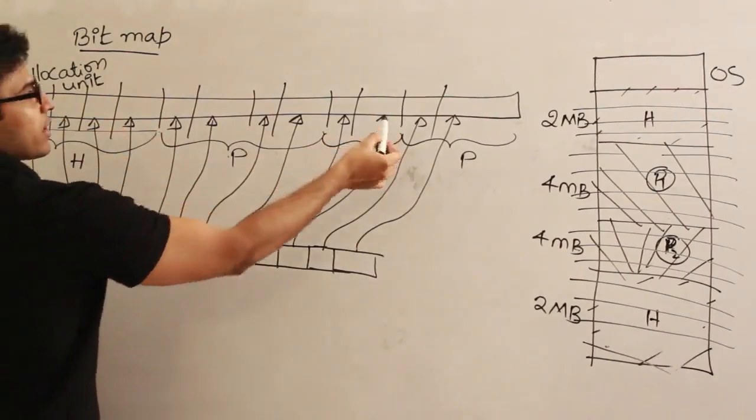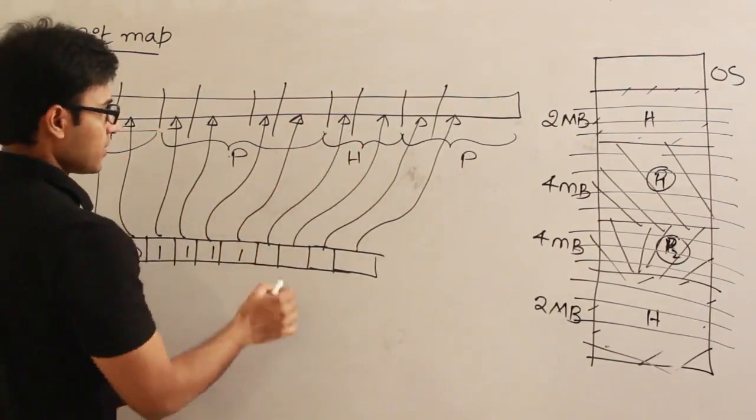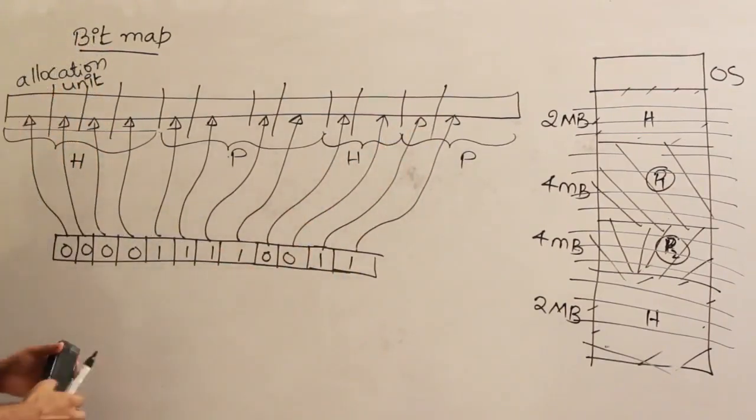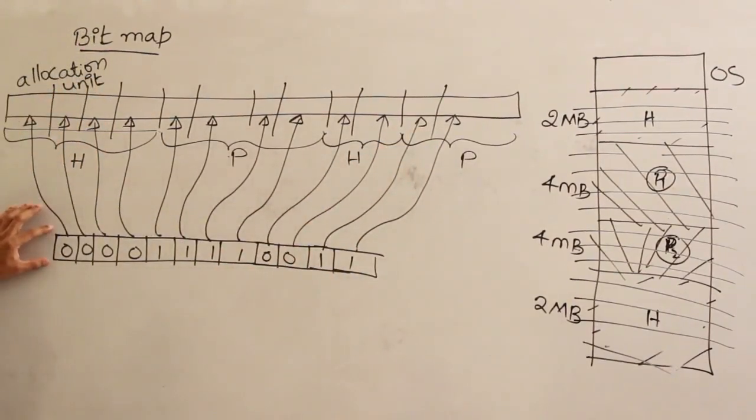And again two allocation blocks are holes, therefore 0, 0, and again 2 allocation blocks are occupied, 1, 1, right? Therefore by using this list of zeros and ones, we can find out what part of memory is occupied and what part of memory is free, which means holes. Got it?